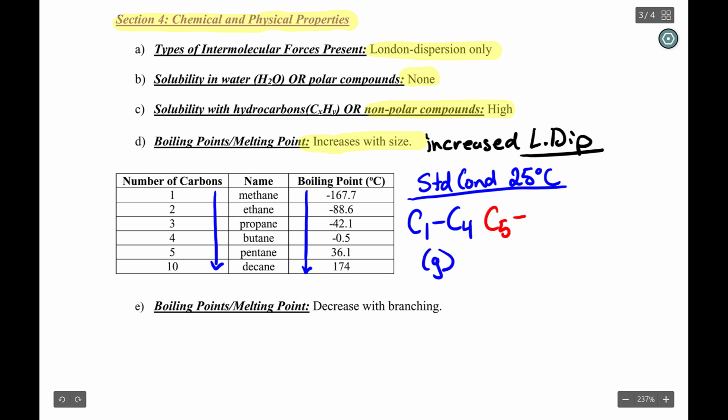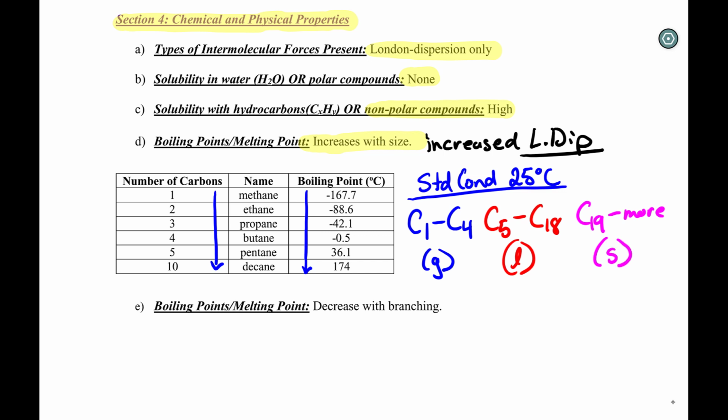Carbons 5 up to 18, and this depends on the isomers, but roughly in that area, you are going to be a liquid. And being 19 carbons or more at room temperature, you're going to be a solid. So such as candle wax, paraffin wax, the average size of the molecule is about C25, and so that would fall under a solid hydrocarbon.